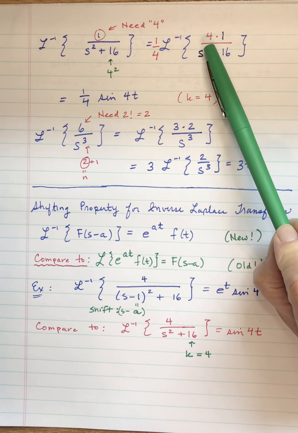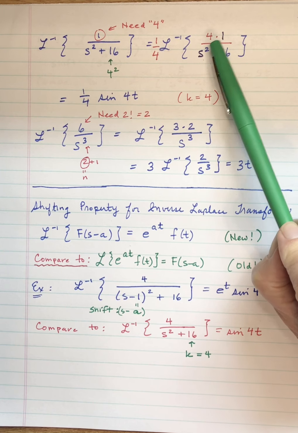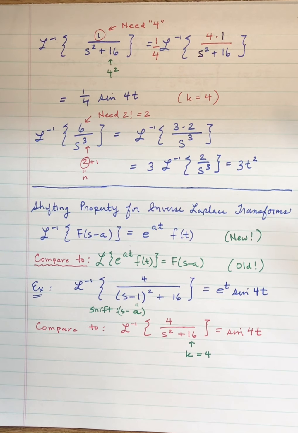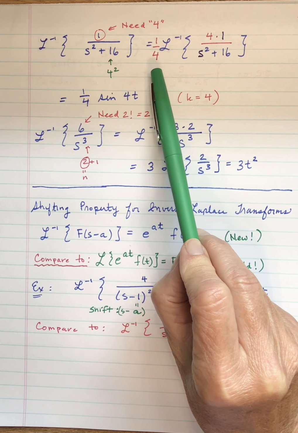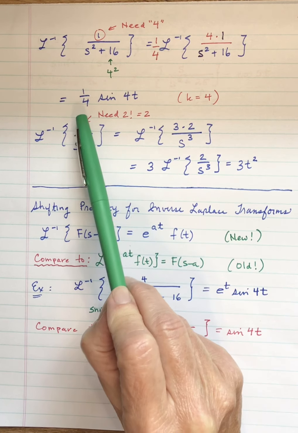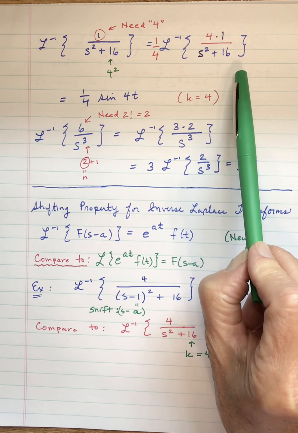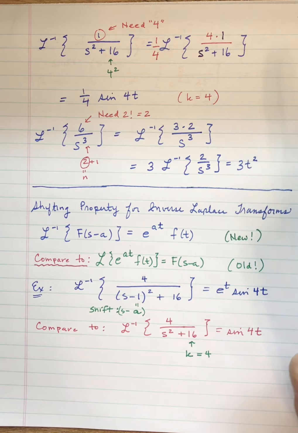So I can put a 4 there by multiplying by a 4, but if I multiply by a 4, I have to divide by a 4, or multiply by 1/4 out in front. This is a lot like doing some integration problems. So I multiply by the 4 there, I divide by the 4 out in front. So then this expression here is set up perfectly for the formula k over s squared plus k squared, and I just have the 1/4 out in front. So sometimes I have to manipulate the numbers a bit to get exactly what I need for the formulas.